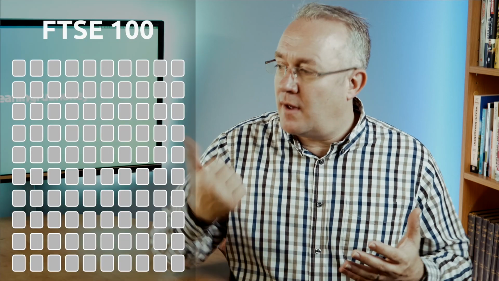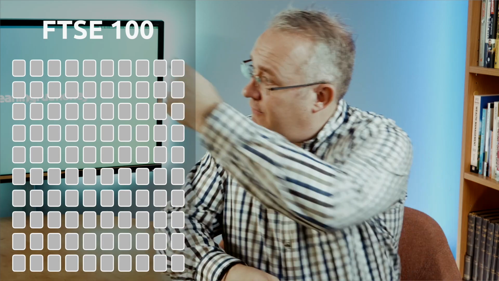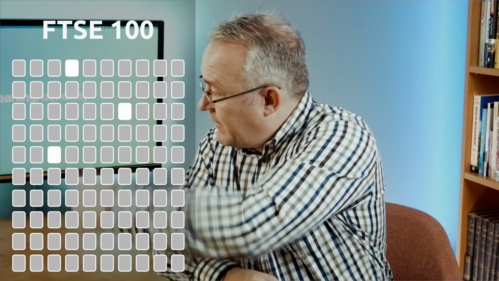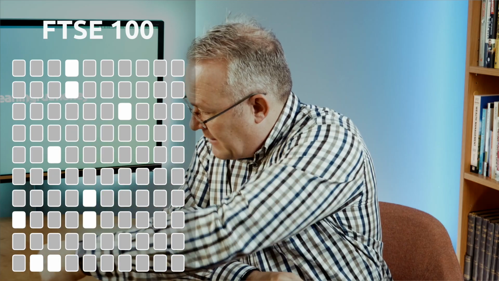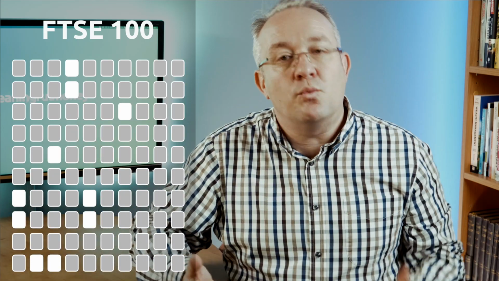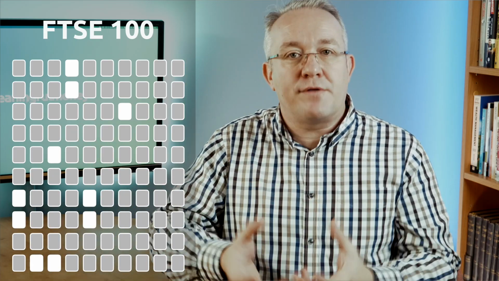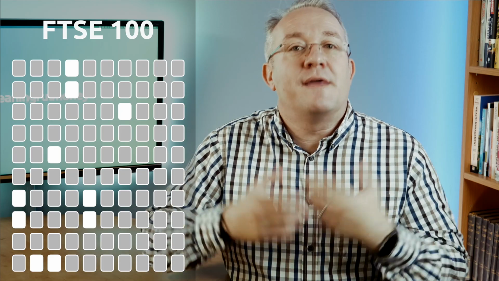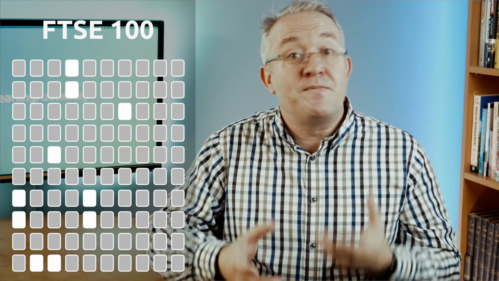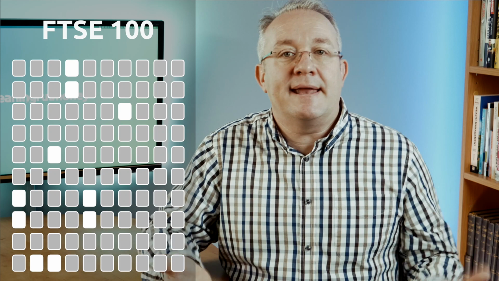Now, an active fund manager investing in the FTSE 100 will look at the 100 or so available stocks and say, right, I'm going to have that one, that one, that one, and that one. He or she will choose which of those 100 stocks they want to hold right now and which to buy and sell at any given time.